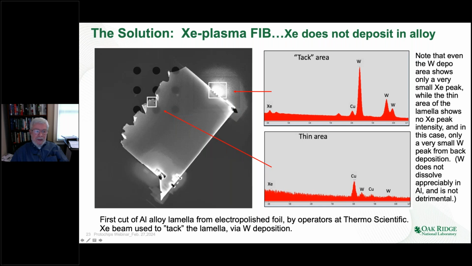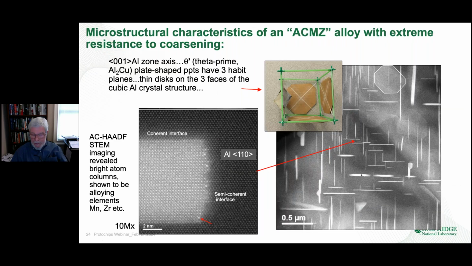And in one of the thin areas, the area of interest, but nearby, you can see the xenon is effectively non-existent, and there's a little overspray of tungsten, but just barely shown, way less than the gallium that was present, which is bad for aluminum. And tungsten, it turns out, is not bad for aluminum.